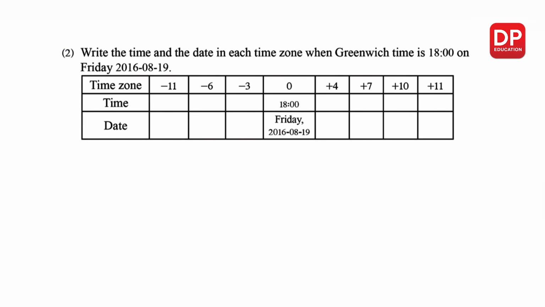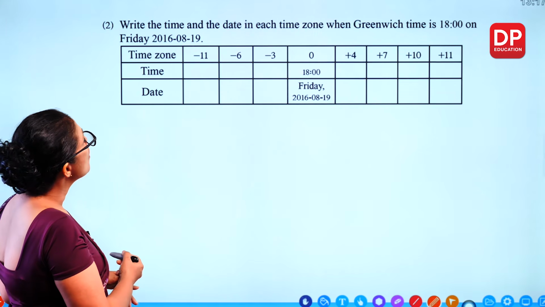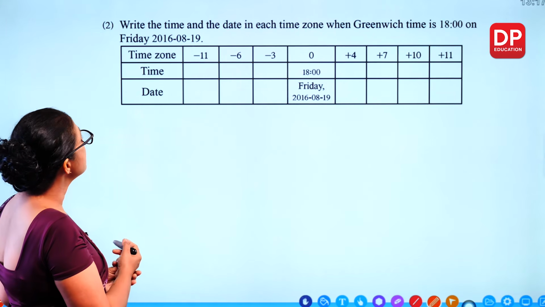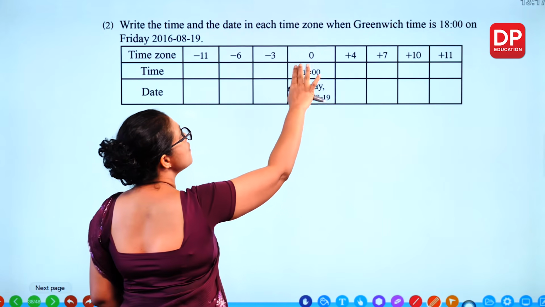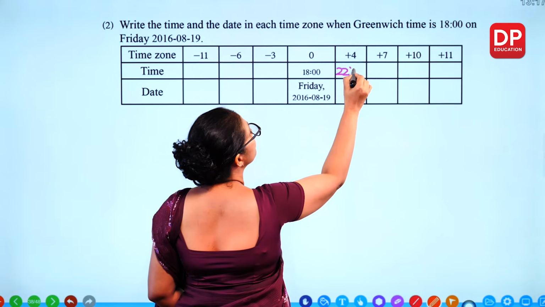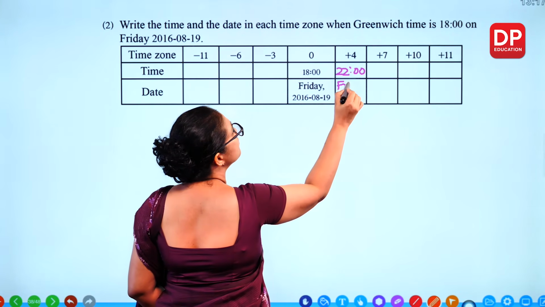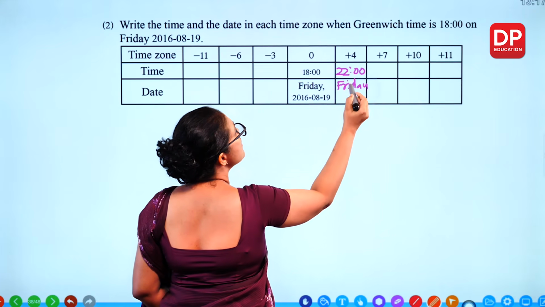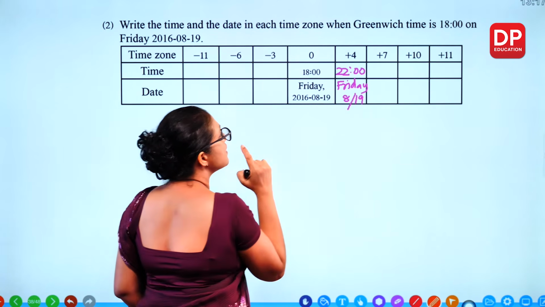Look at this one. Write the time and the date in each time zone when Greenwich time is 18 on Friday, 2016, August 19th. So this is 0. We'll do the plus side, adding 4. 18 plus 4, 22. That's the same day, Friday, so I'll put 8/19.